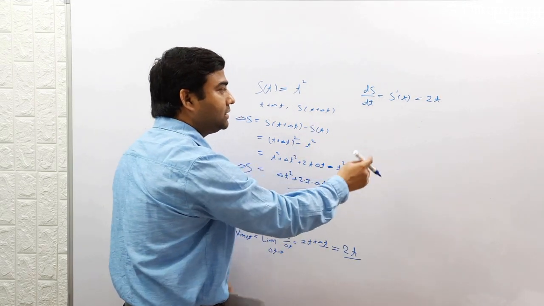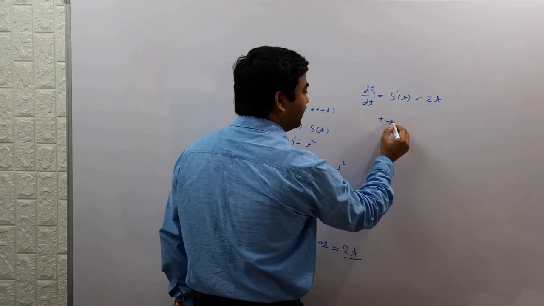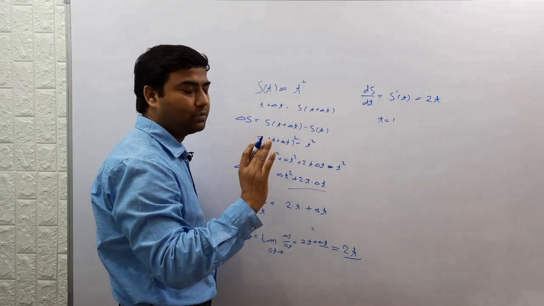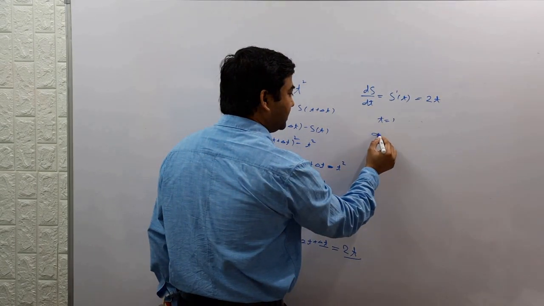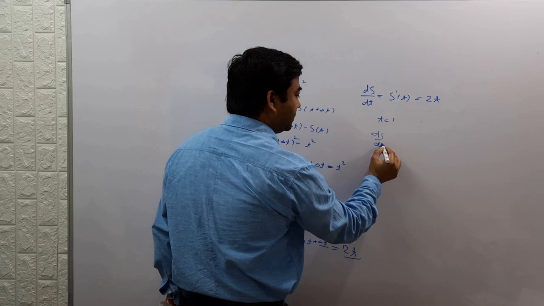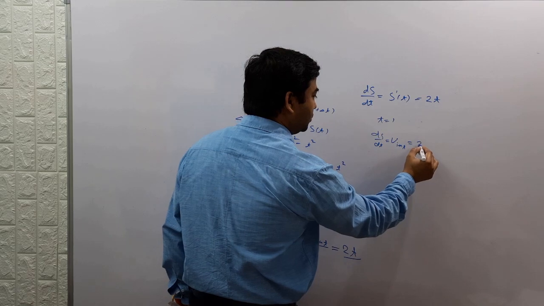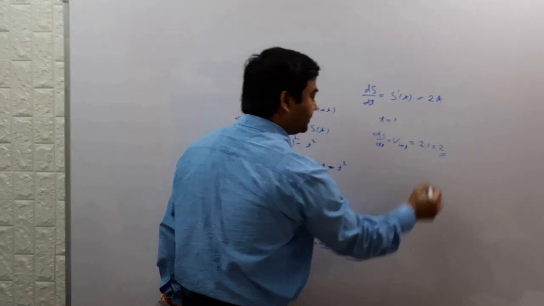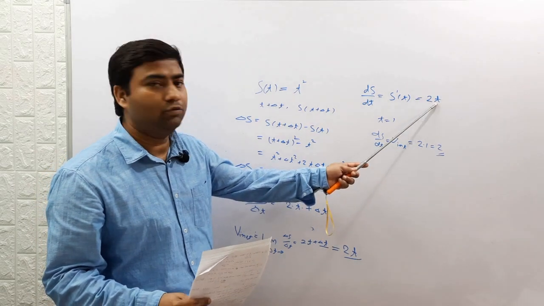This is the general expression. In our earlier example, put t is equal to 1. We have found average velocity; now instantaneous velocity at t is equal to 1. You will get ds over dt, or v instantaneous, is equal to 2 into 1. So here you can put any value of time.